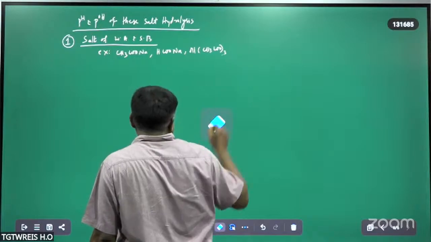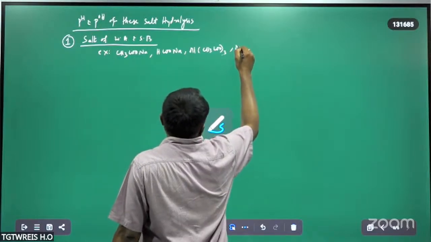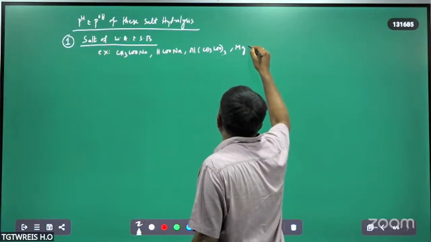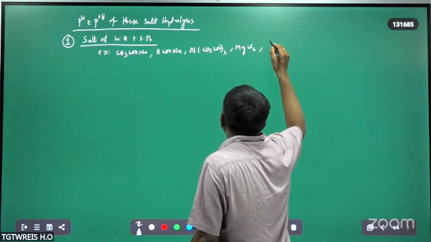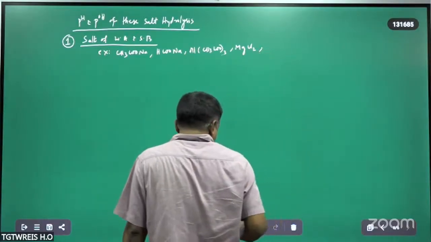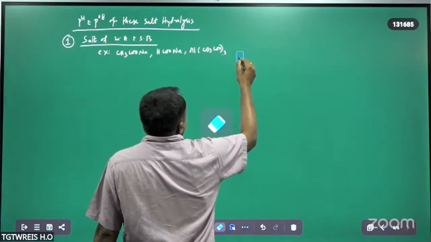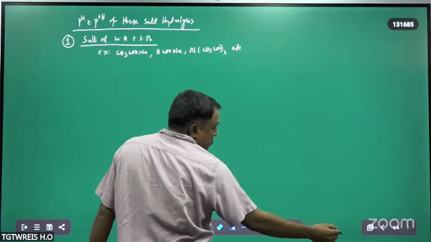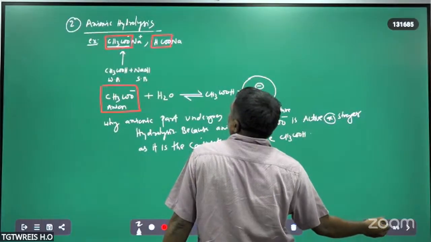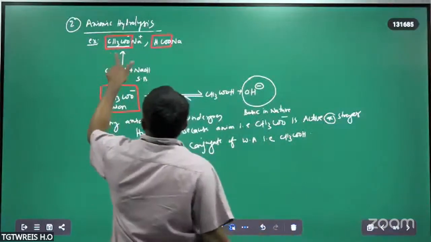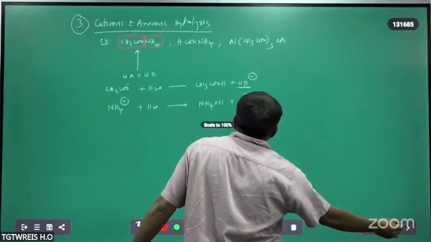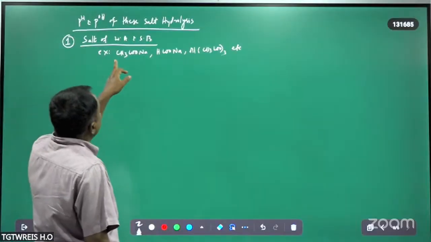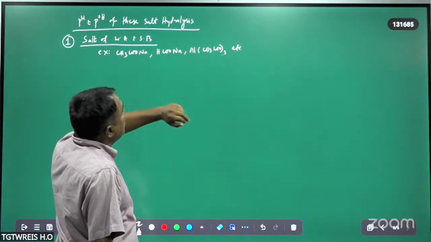Magnesium hydroxide plus HCl gives MgCl2. So these are the salts. What about the cation? The anions are CH3COO and HCOO. So, salt of weak acid and strong base hydrolysis. Examples: CH3COONa, HCOONa, aluminium acetate, etc.